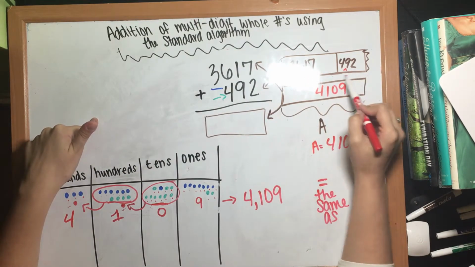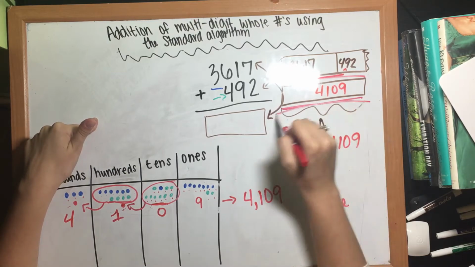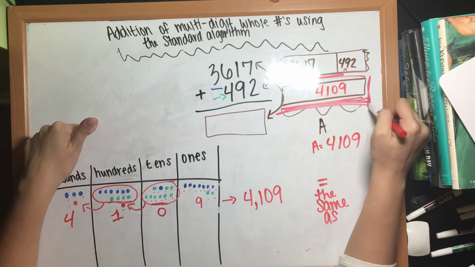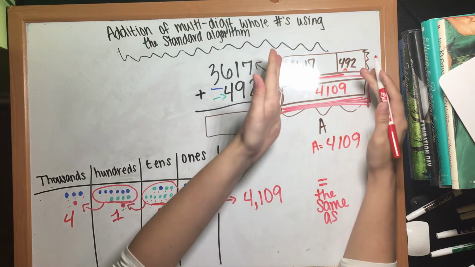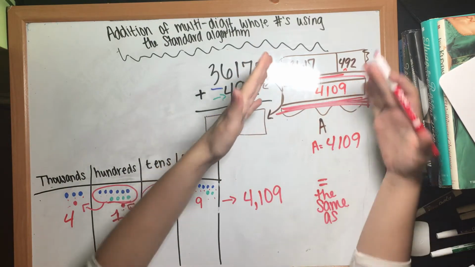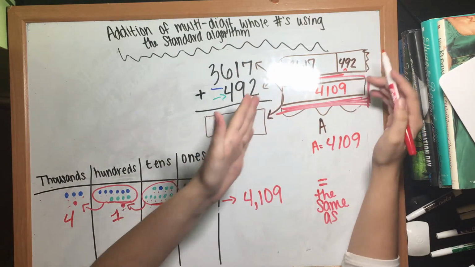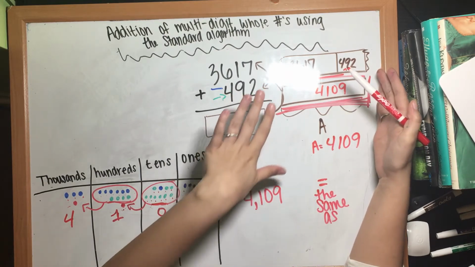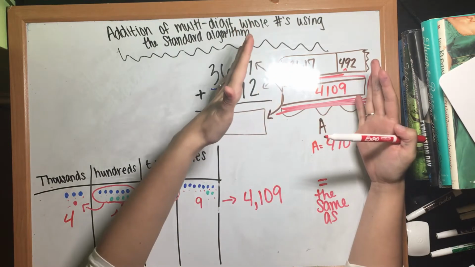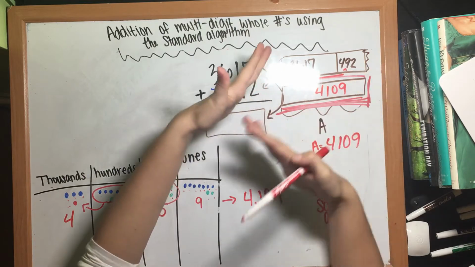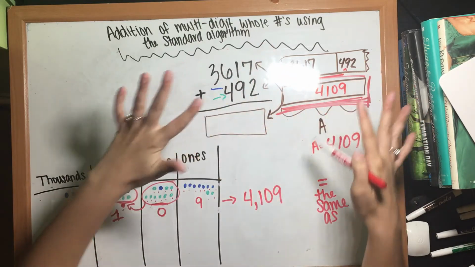These two numbers together are the same as this. So the tape diagram, like I said, it didn't click with me when I was learning, but I can see how this would benefit visualizing the standard algorithm, visualizing addition in general.